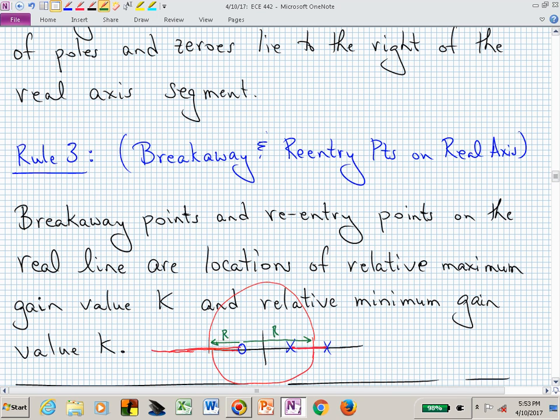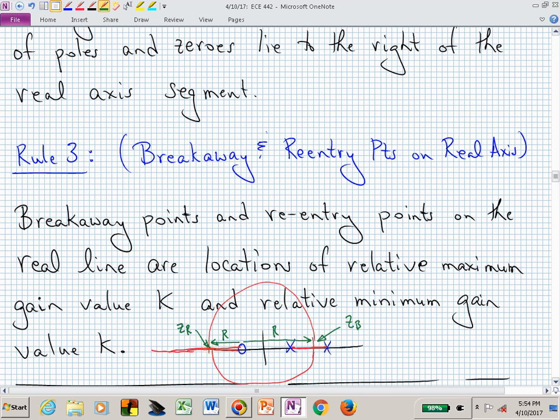The radius is from the zero to the breakaway point, and it's also then from the zero to the reentry point. This is what I would be calling the breakaway, and this would be what I would be calling the reentry. And the reentry point is the same radial distance from the center of the circle, the zero, to this leftmost reentry point. And Z sub r is now my reentry.